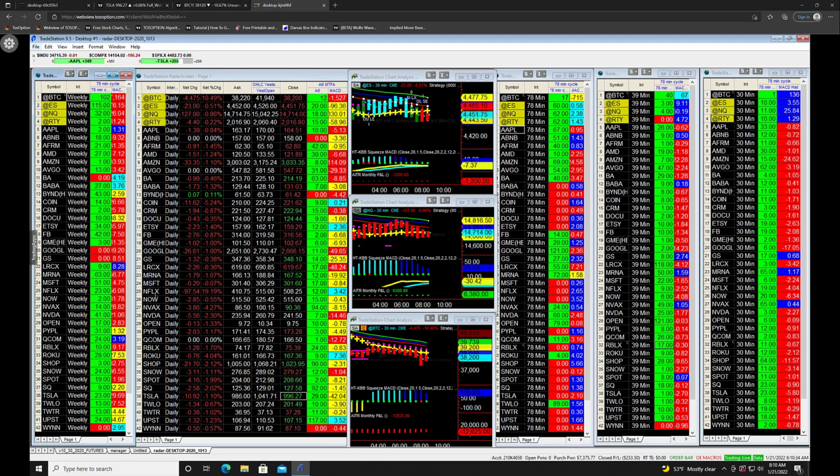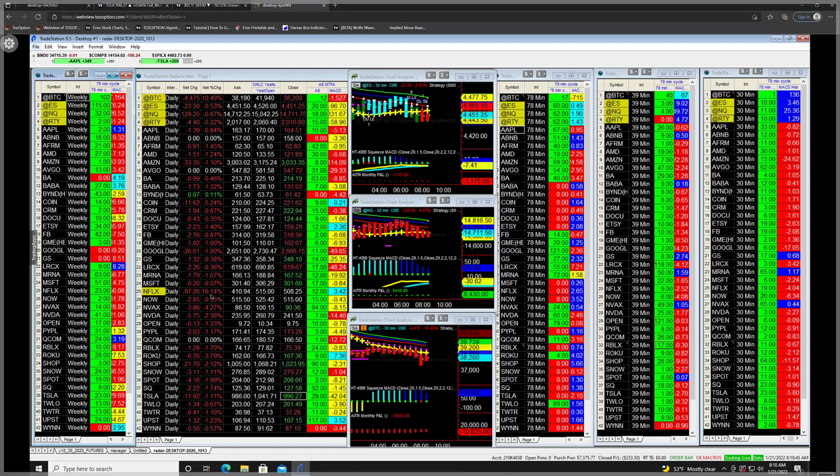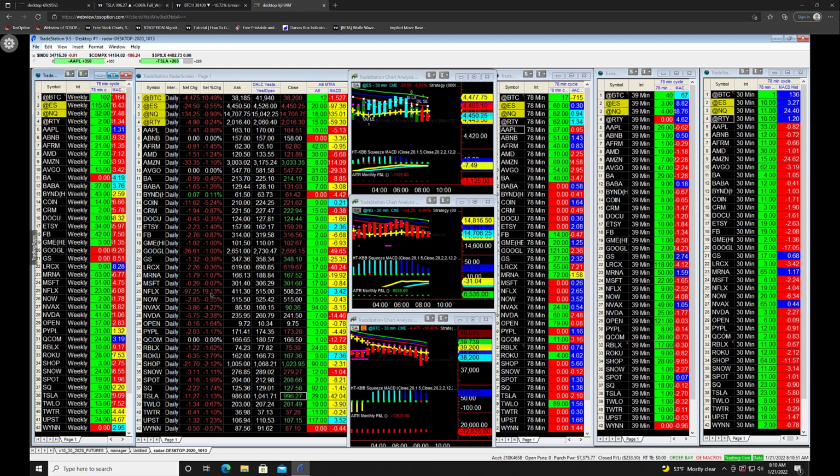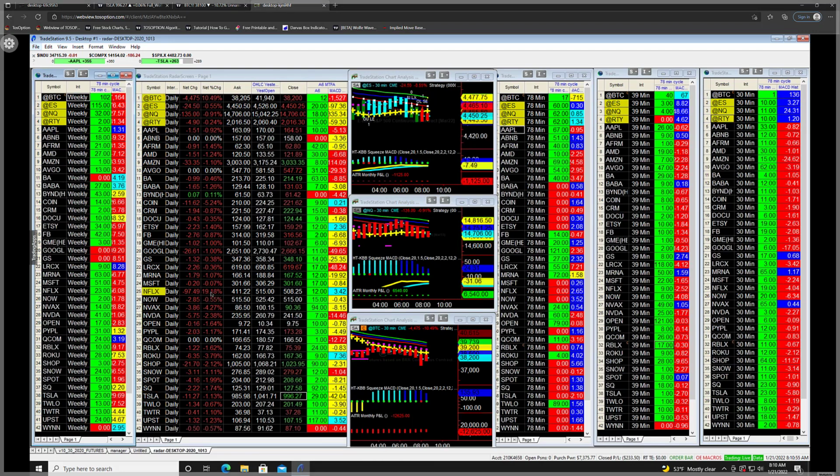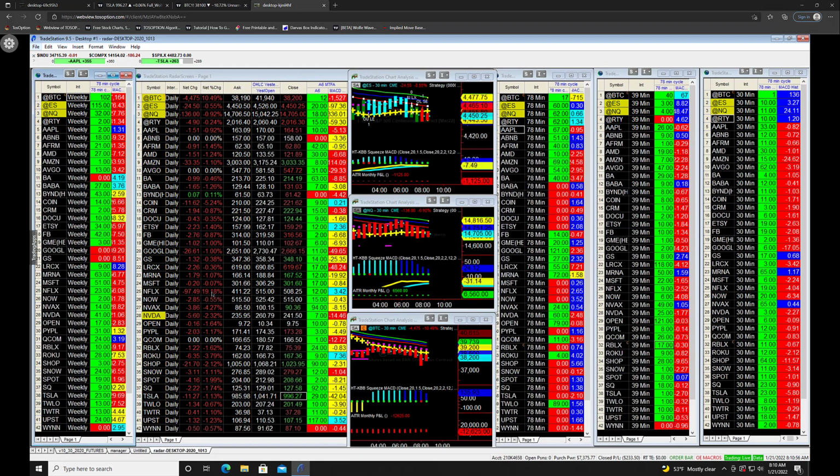Typically when you get a Netflix move of 19%, which is like an earthquake-shattering type of move, it takes months for it to recover. This is a huge gap, and that gap is not going to get filled until maybe November or December.